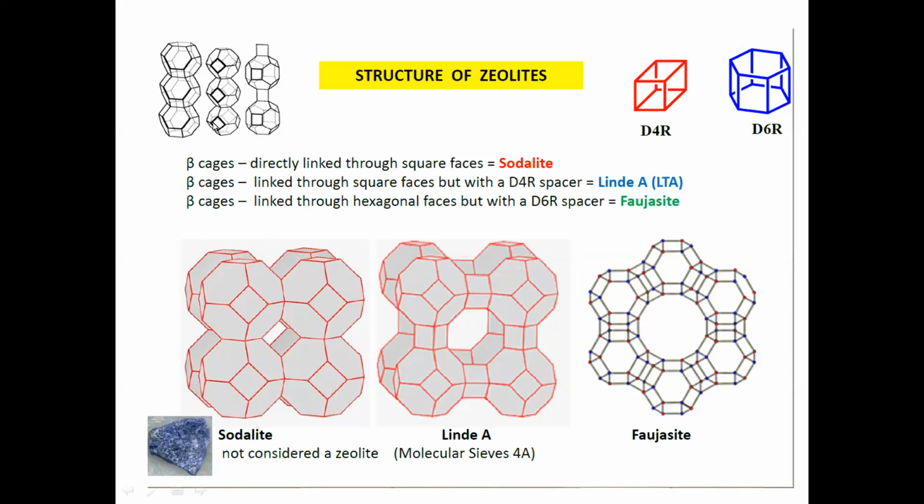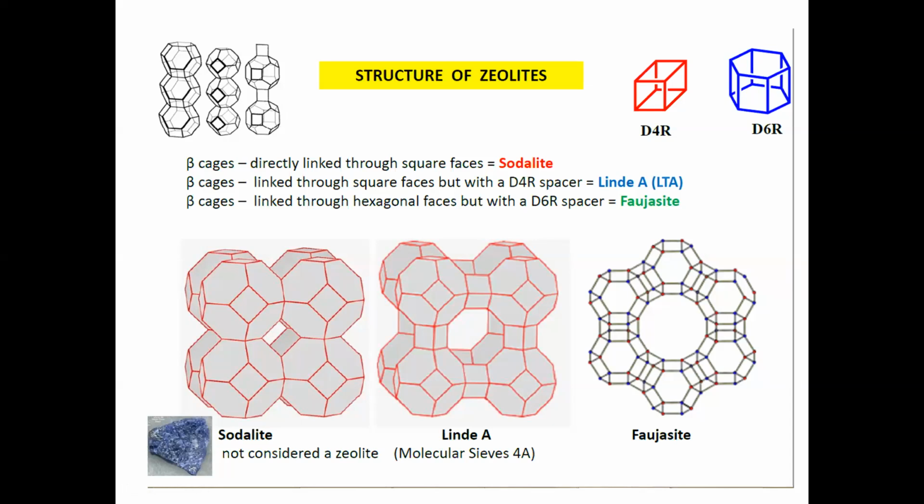The first one is connected through hexagons. The second ones are connected through squares. The third one has two beta cages connected with a linker. Now they become your structural units.